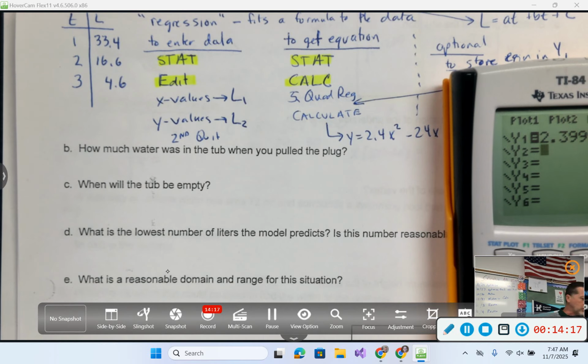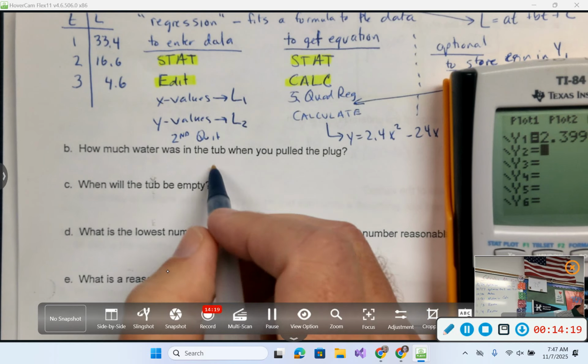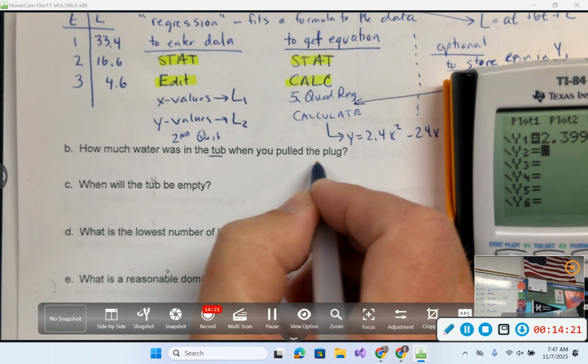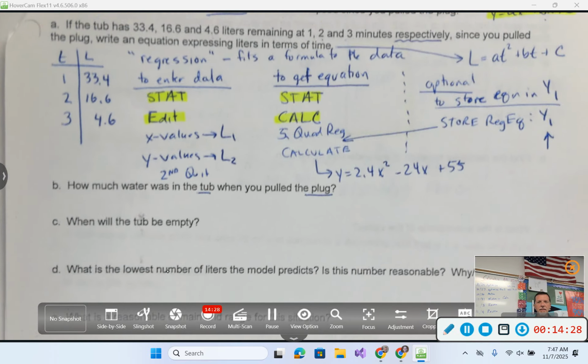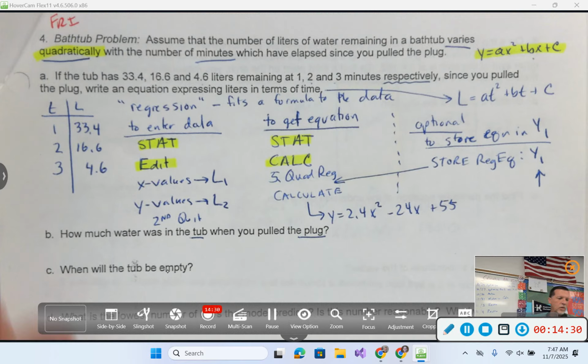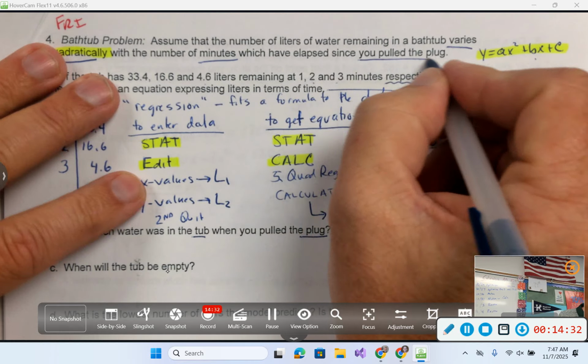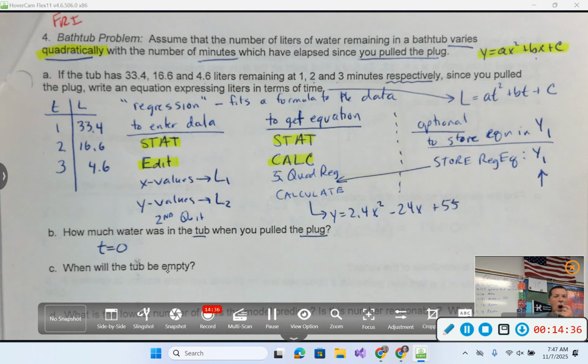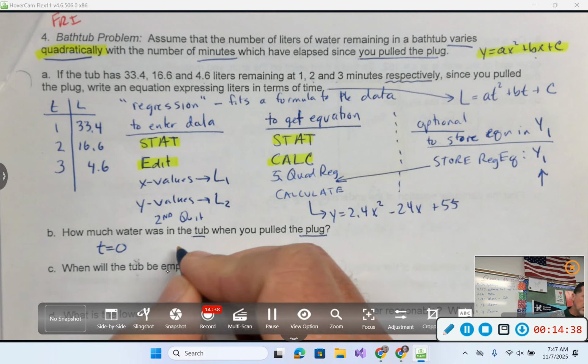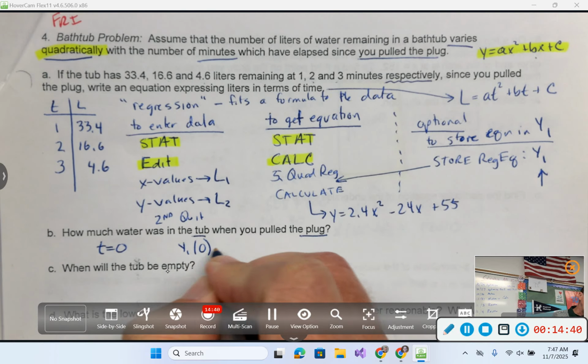Okay, how much water was in the tub when you pulled the plug? How am I going to figure that out? At 0. Because time elapsed since you pulled the plug, when you pulled the plug at time 0, so I want y1 of 0.